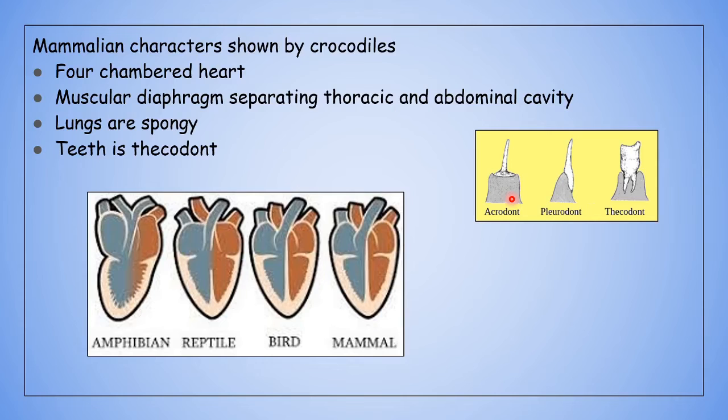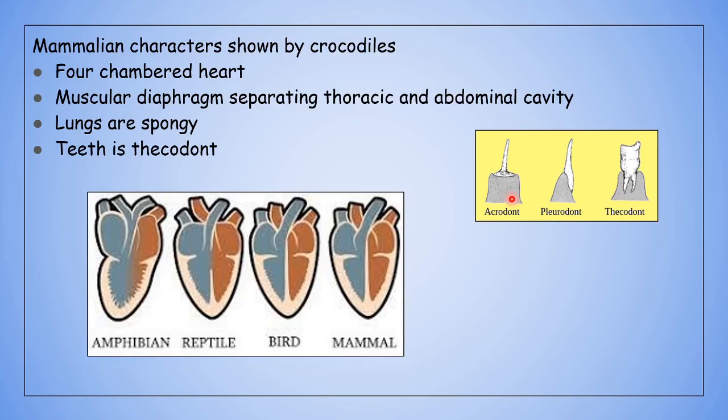Then we discussed order Squamata and the two suborders, Lacertilia and Ophidia. We took the example of Lacertilia, the chameleon, and at last we discussed the third order of subclass Diapsida, order Crocodilia, and the features of the crocodile.